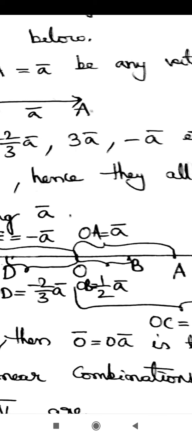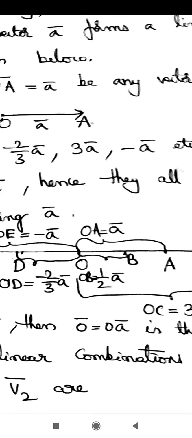Still, we have to understand the directions by the vectors OA, OB, which denote that the vector starts from O and ends at A, and that will be the direction of that vector. So OA is a bar and OB is half of a bar, meaning it has half the magnitude of a bar and the same direction.